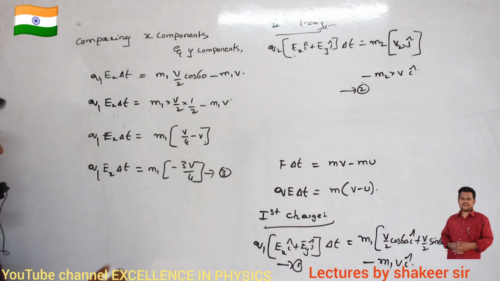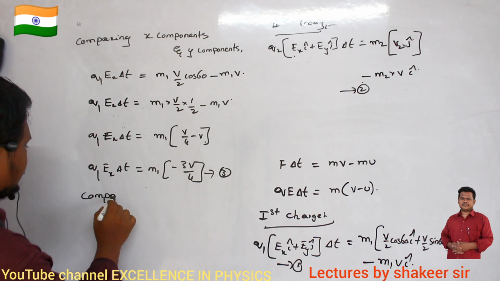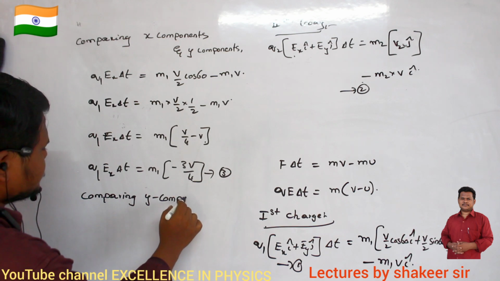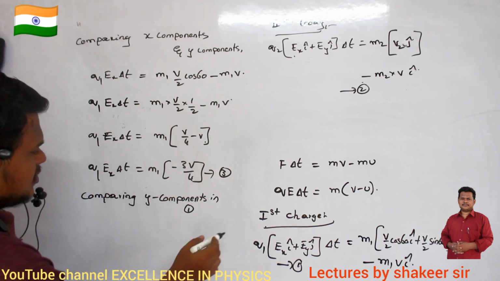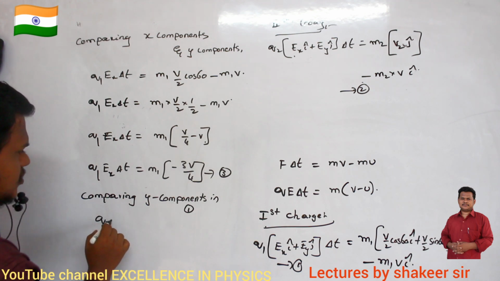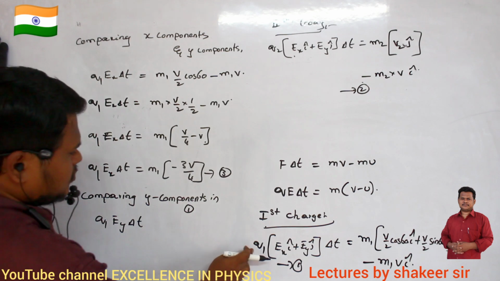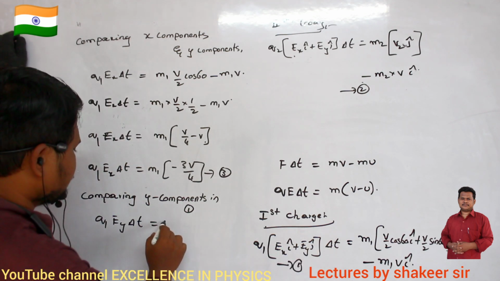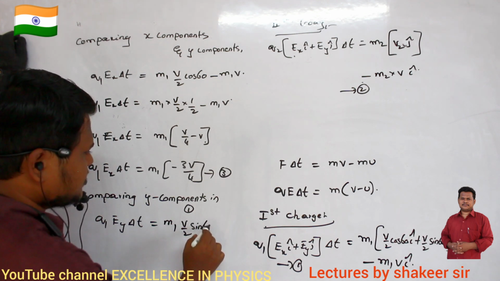Clear? Similarly, comparing y components in equation number 1. What are the y components? Q1 Ey delta t. That's all. So what is the answer I will get? It is equal to m1 v by 2 sin 60.